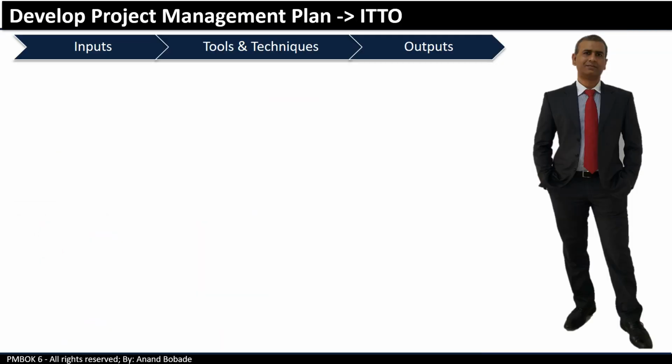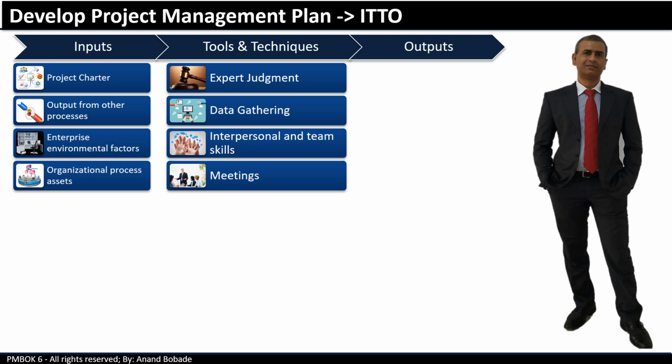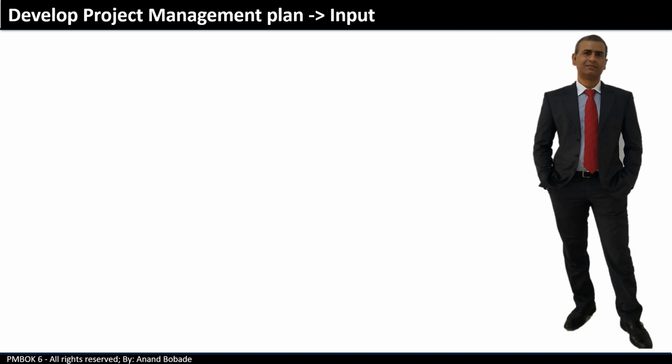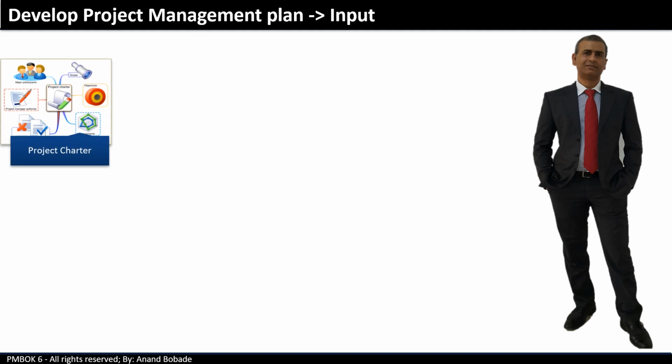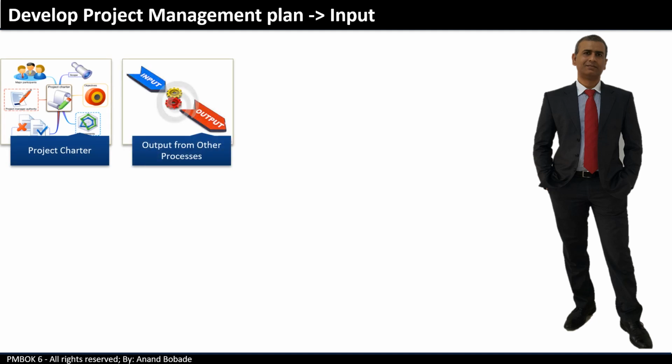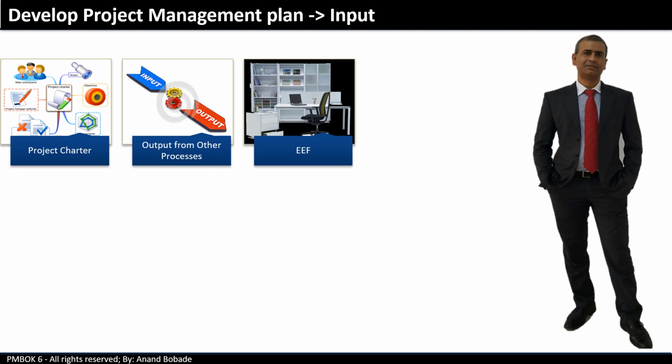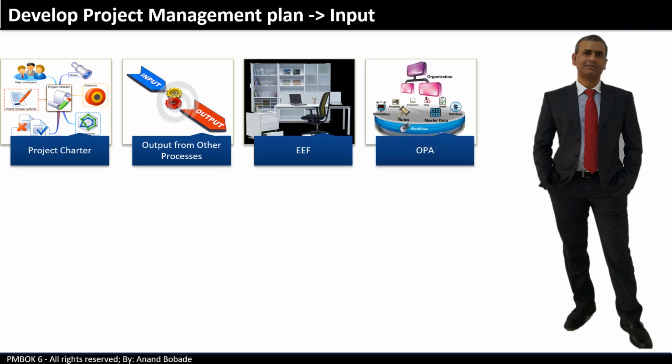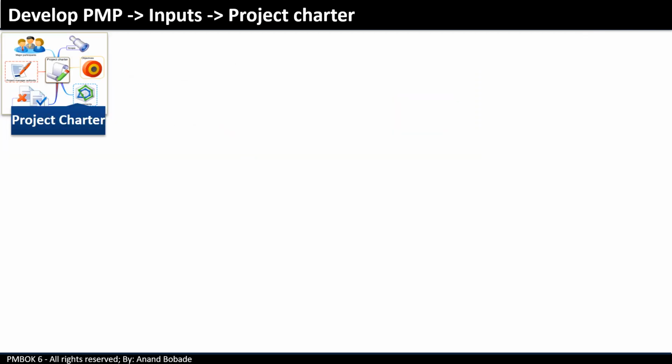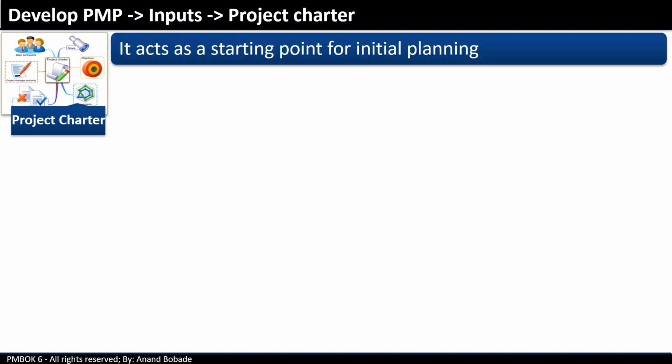Let's have a quick look at the inputs, tools, techniques, and outputs. The inputs are the project charter, outputs from other processes, enterprise environmental factors, and organizational process assets. Project charter: it is a starting point for initial planning.